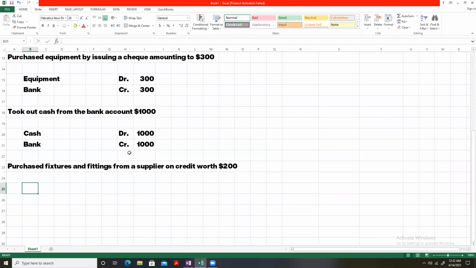So when there is an increase in the liability, we will credit the accounts payable account, and we will debit what? We will debit the fixtures and fittings account, and we will credit accounts payable.